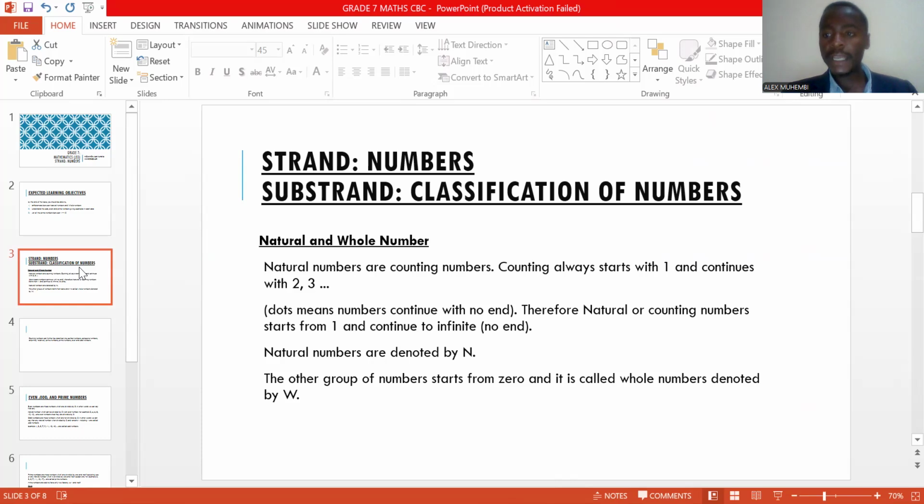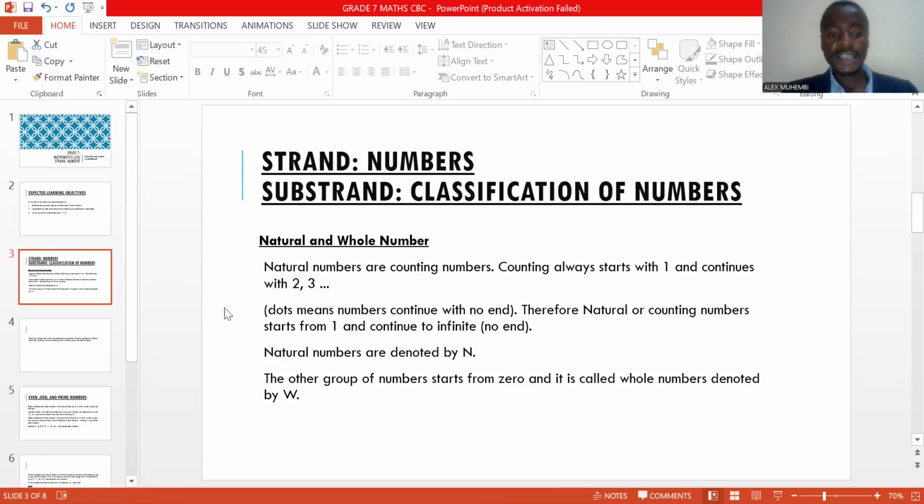I will begin by defining what natural numbers are, because we need to understand from the basics. By knowing what natural numbers are, you can go ahead and give an example. So we are all saying that natural numbers are counting numbers. These are simply counting numbers. And counting numbers always start with 1 and continue with 2, 3, and so on.